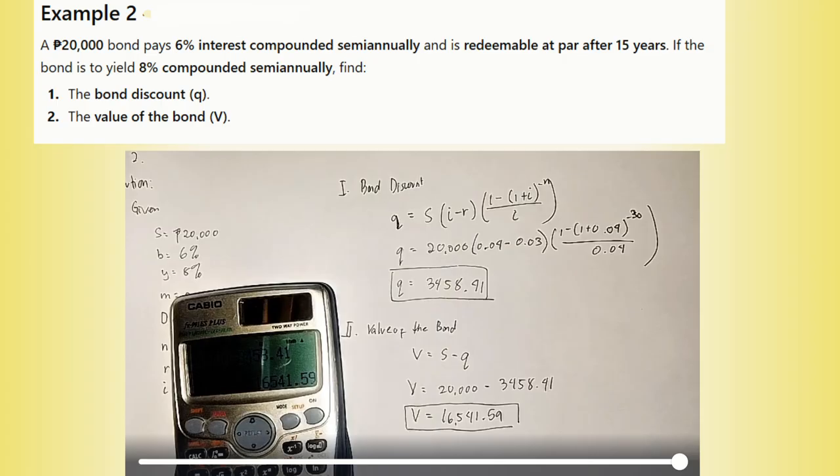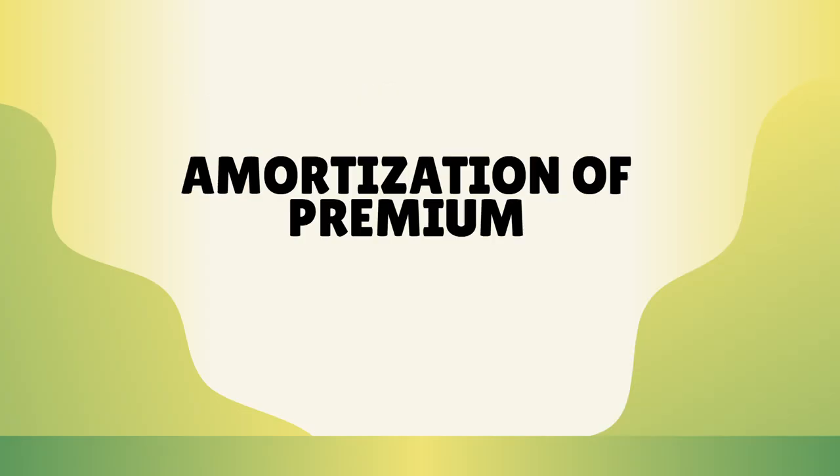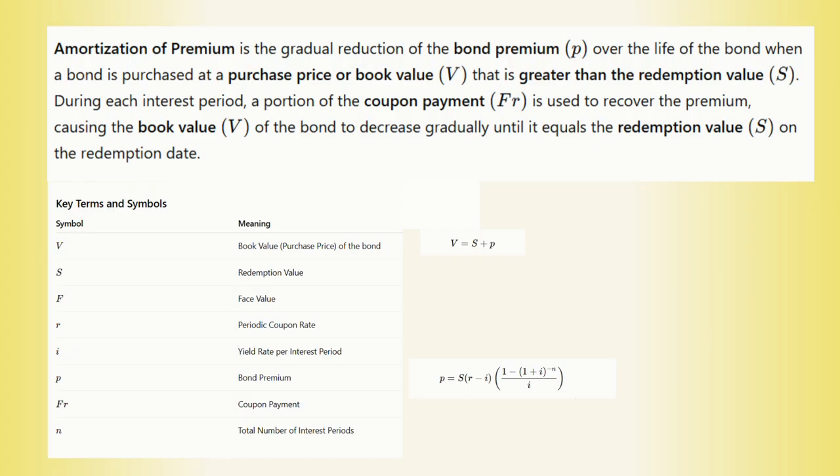Now, let's proceed to another concept, which is the amortization of premium. Amortization of premium is the gradual reduction of the bond premium over the life of the bond when a bond is purchased at a purchase price or book value that is greater than the redemption value.